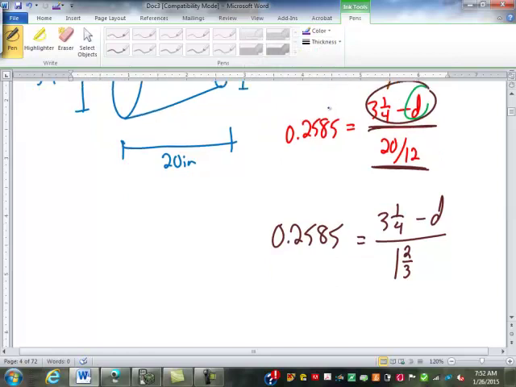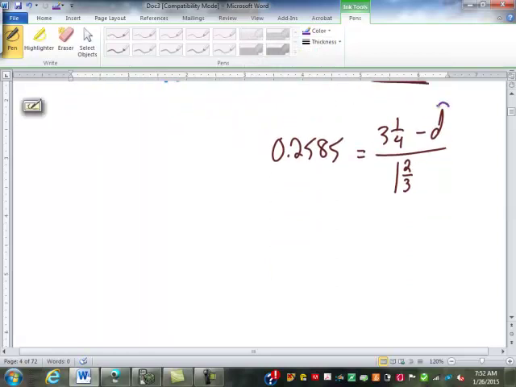So now we need to solve this for little d. There's 3 things that have been done to little d here. This minus here, remember we said that when we see a subtraction in front of a variable, we treat that as -1 times that variable. So little d has been multiplied by -1. The 3 1/4 is positive, so that's been added to it, and then it was divided by 1 2/3.